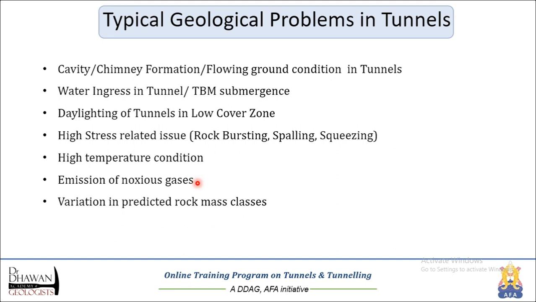Due to this explosion, about 100 people died. Then the last group of problems is due to variation in the predicted rock mass classes and the actually encountered rock mass classes. We will discuss this in detail in our subsequent lectures.